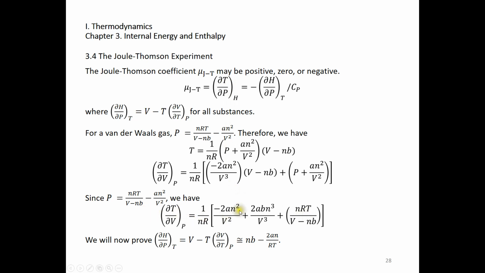Again, we'll make approximations, and then we will eventually prove delta H over delta P at constant temperature, V minus T times delta V over delta T, is roughly this. This is delta T over delta V at constant pressure, and this is delta V over delta T at constant pressure. So this term and this term are reciprocal to each other.